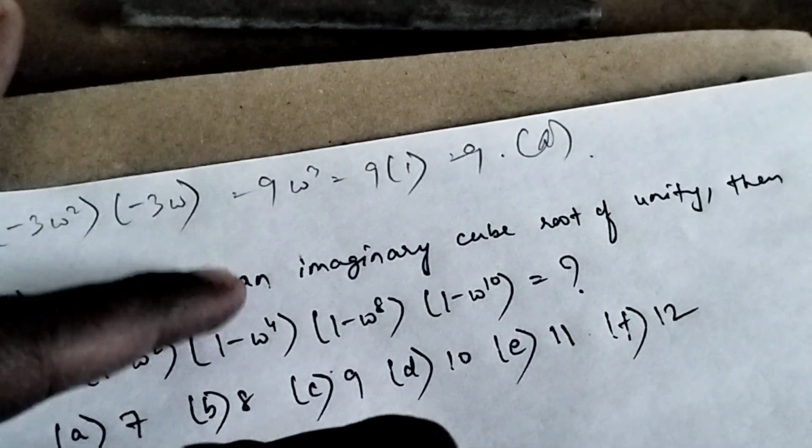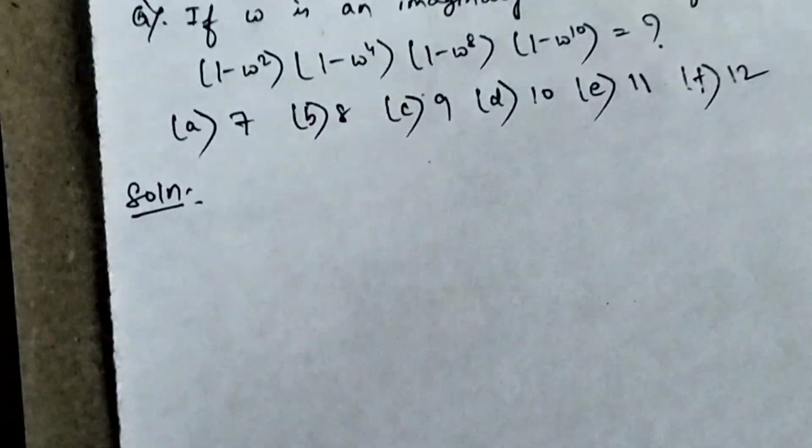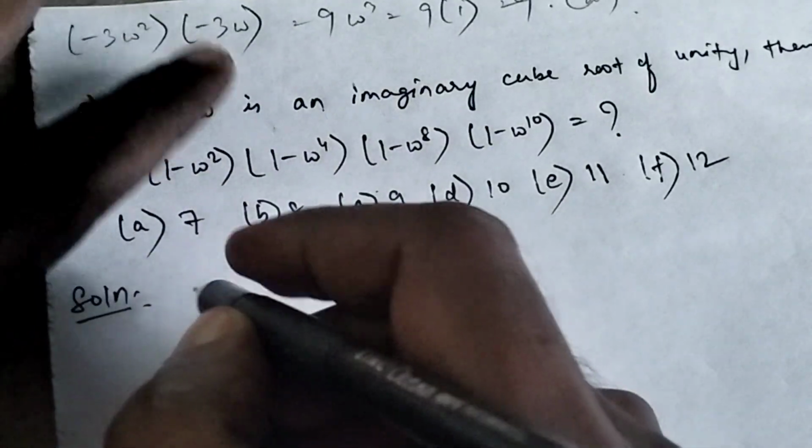Now in the problem it has been given that omega is the imaginary cube root of unity.